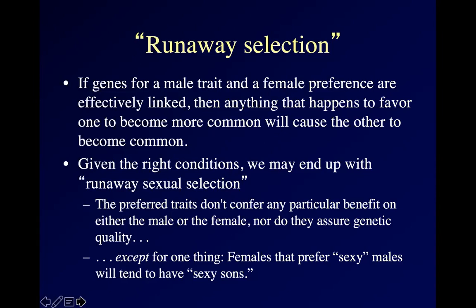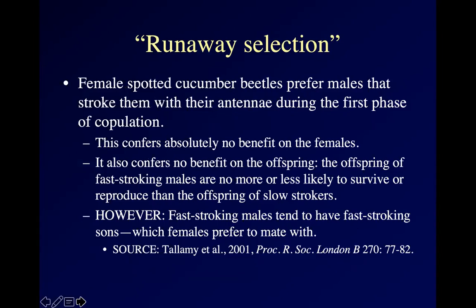The only benefit is that females that prefer whatever is sexy will tend to have sexy sons. Females that prefer fast stroking males will have lots of fast stroking male offspring. That's the only case in which you can really say this is beneficial.